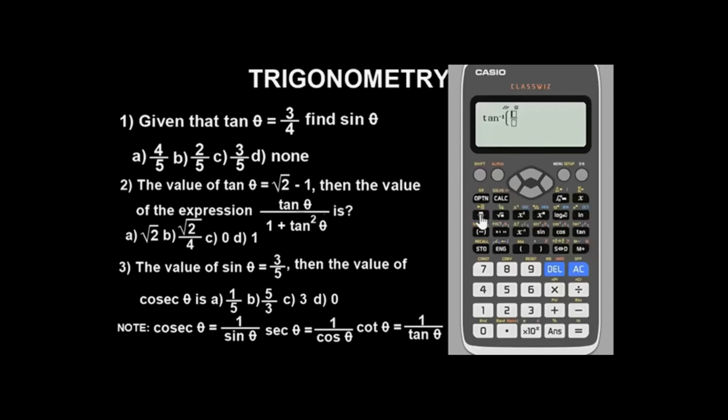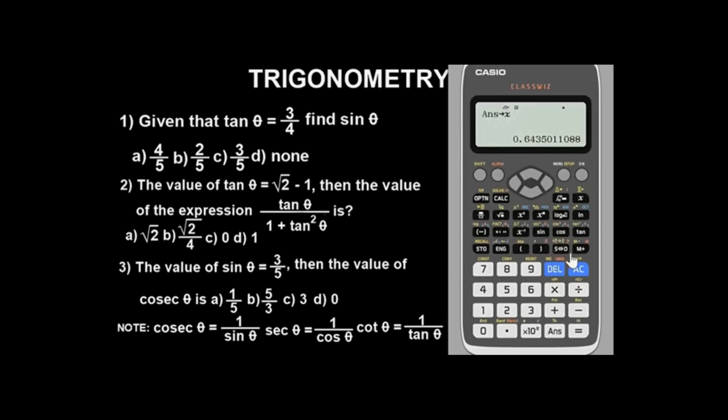The value of tan theta there is what? 3 over 4. It's as simple as that, guys. So go and close the bracket. Very important, guys. You can press equal to see the value of tan inverse of this. Let's store it. You press store, and this alphabet x. This is where x is, and it indicates an answer stored as x.